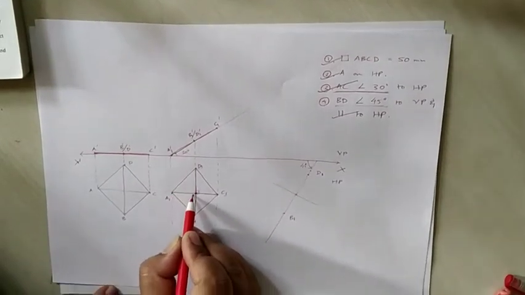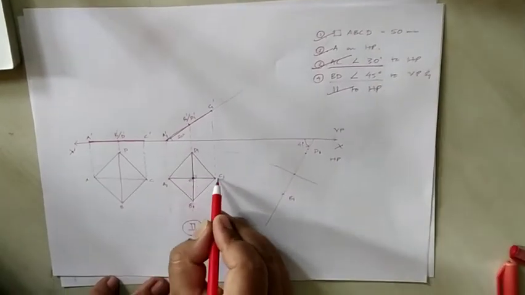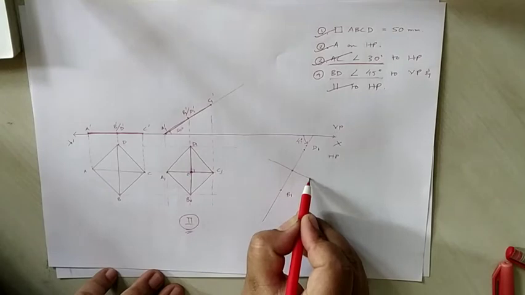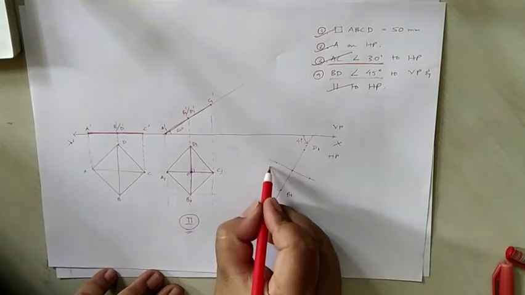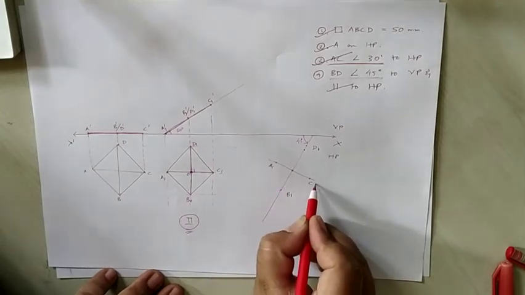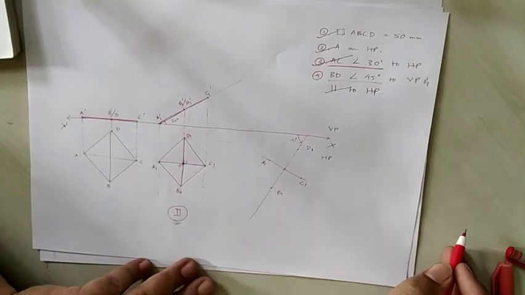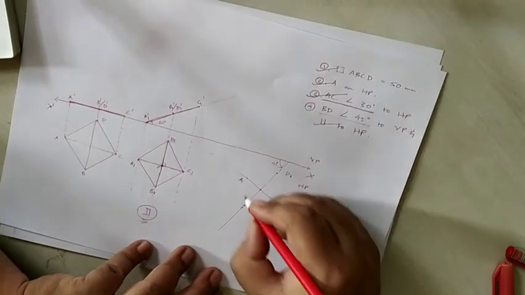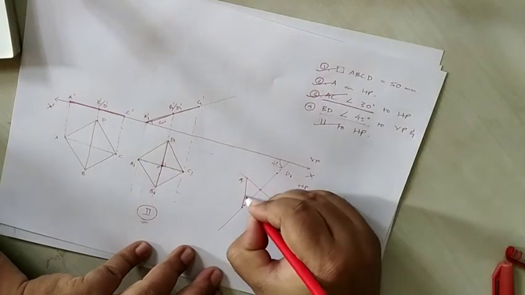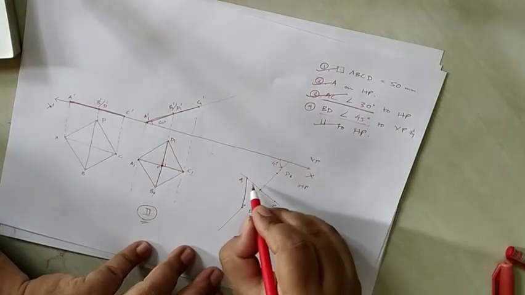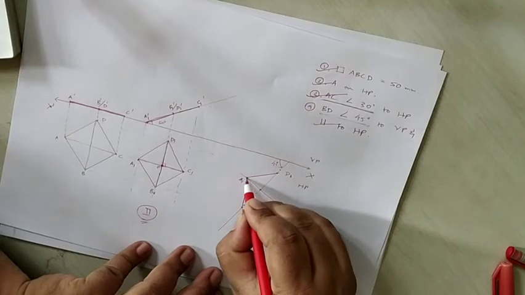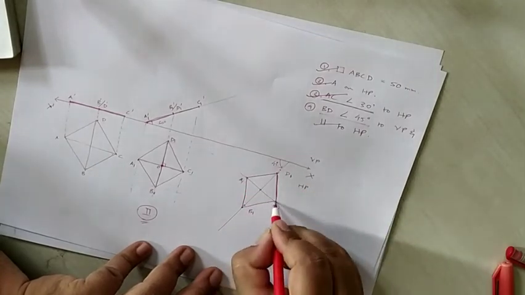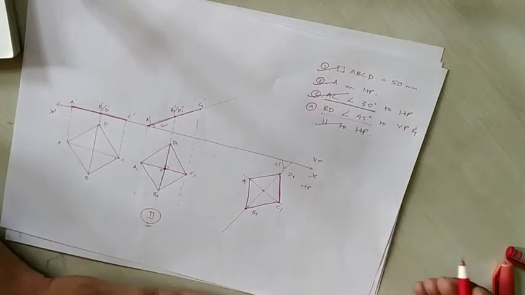If you name it as O, OA1 and OC1 will be equal. So from here, you take this distance and take this distance. This will be A1, this will be C1. And you complete drawing the tilted square. Done.